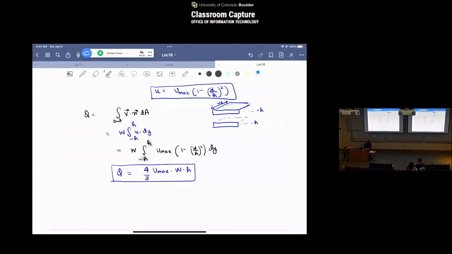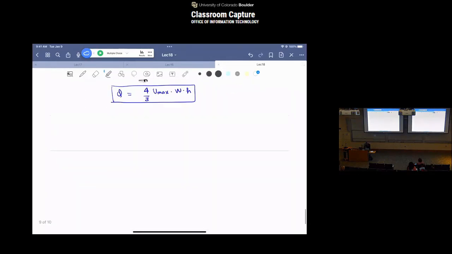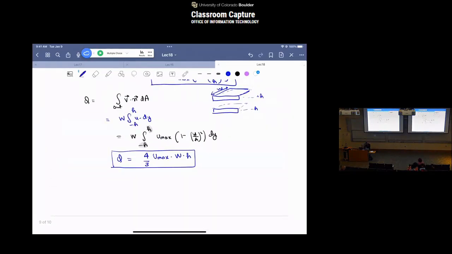Okay, what's the average velocity? Do you remember that? We had discussed this average velocity, u bar, or sometimes you can use u average. I'll just use u average. U average is flow rate by the cross-sectional area.